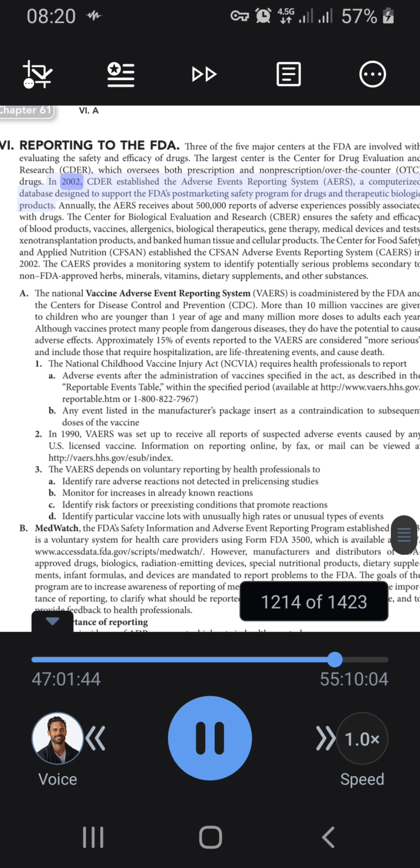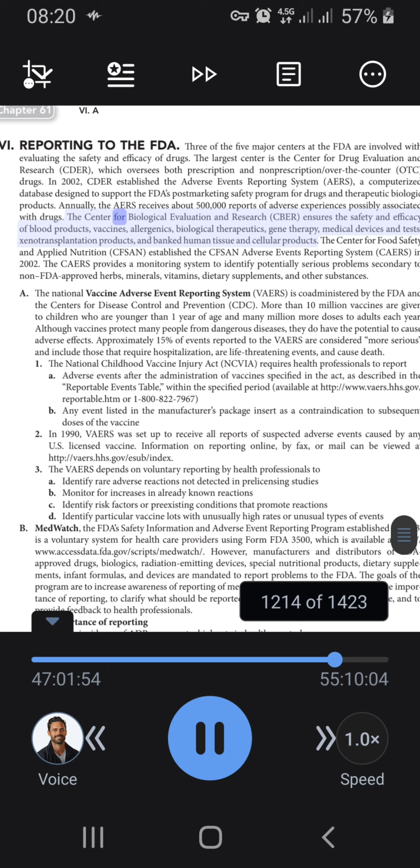In 2002, CDER established the Adverse Events Reporting System, AERS, a computerized database designed to support the FDA's post-marketing safety program for drugs and therapeutic biologic products. Annually, the AERS receives about 500,000 reports of adverse experiences possibly associated with drugs.